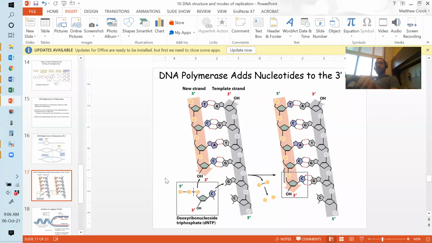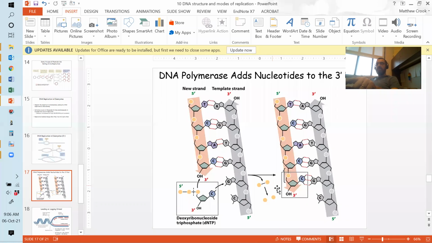So they come in and base pair according to their size matching. Remember, you have a total of 3 rings between the 2 backbones. Here we've got 1 from cytosine and 3 from guanine. And then the phosphodiester bond is formed using the energy in the phosphate-phosphate bond on the incoming nucleotide.